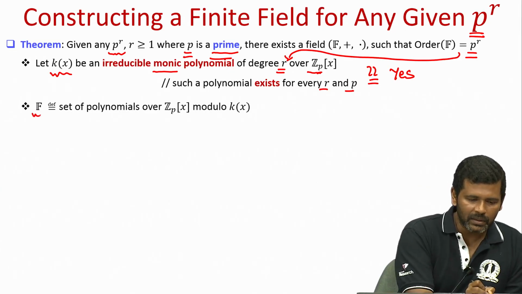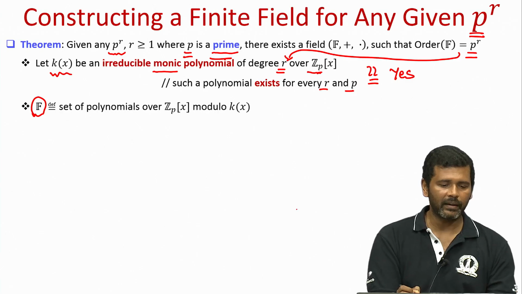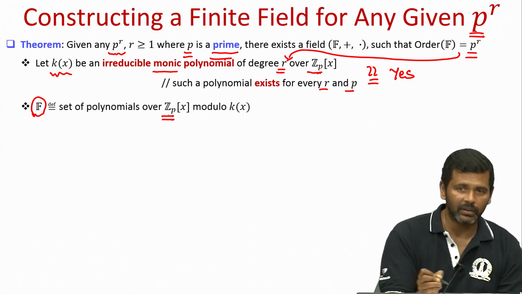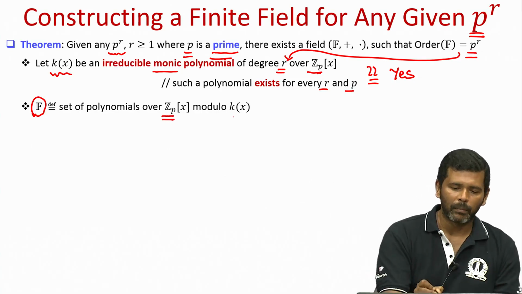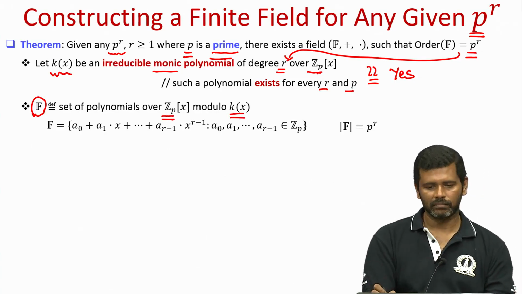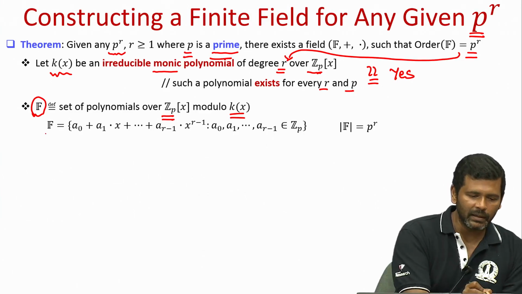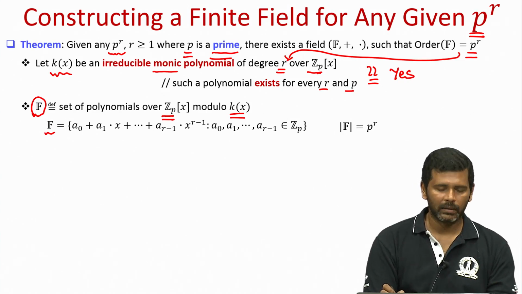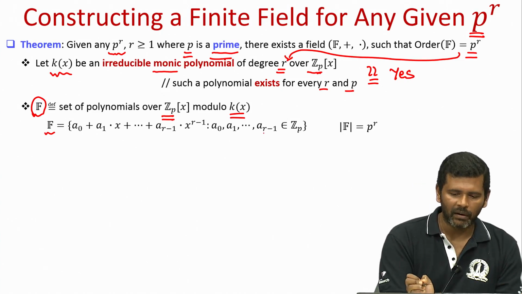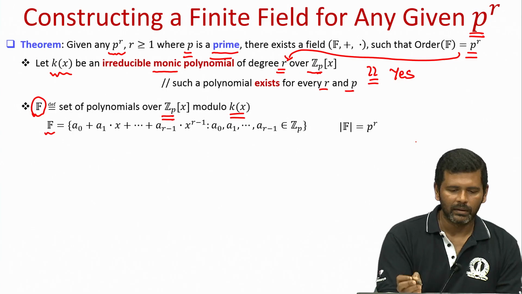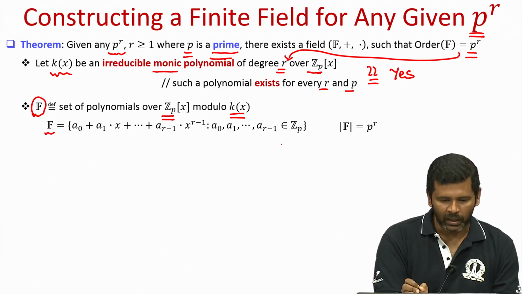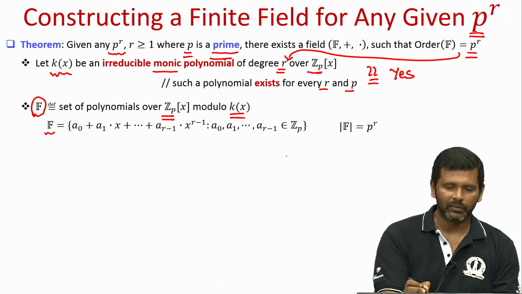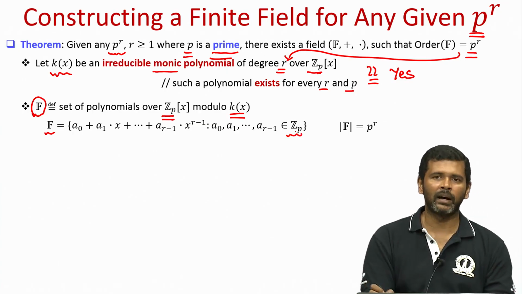Now, my goal is to construct a field F. So, my set F will be the set of all polynomials with coefficients over Zp modulo k(x). In other words, the set F is the collection of all polynomials of degree 0, degree 1, degree 2, degree 3 and up to degree r minus 1, where the coefficients of the polynomial are from Zp.